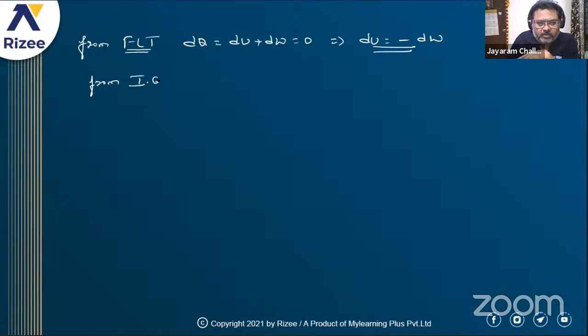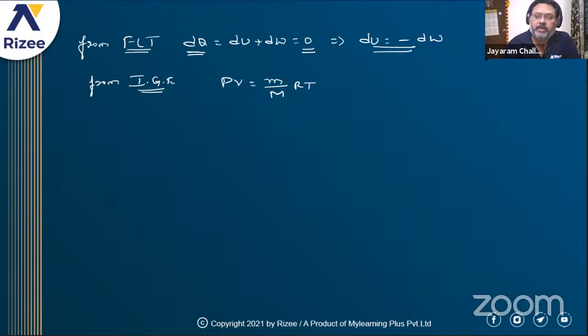So from the ideal gas equation, we can write PV is equal to gram weight by gram molecular weight into RT. This is in the case of an ideal gas. Why is dQ equal to 0?